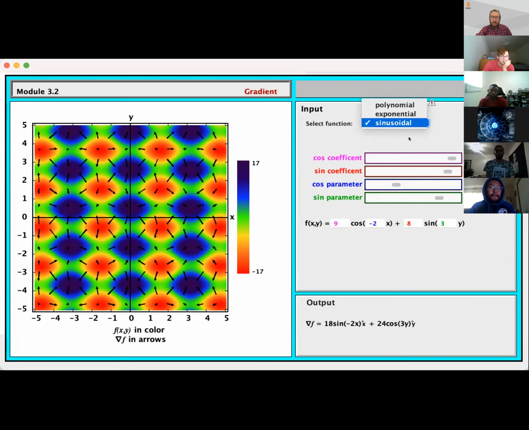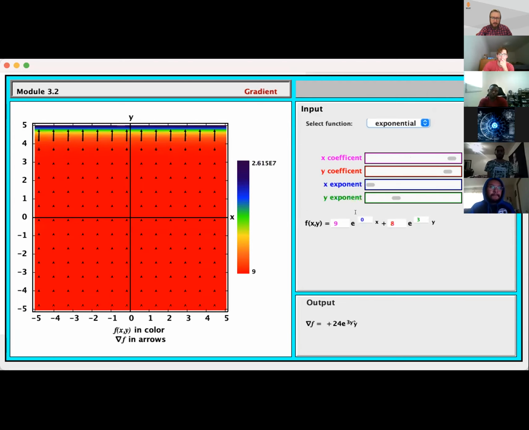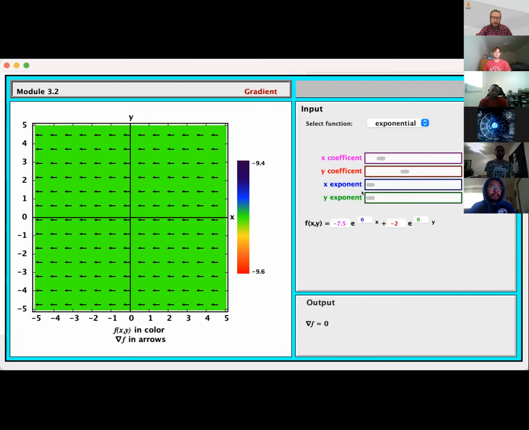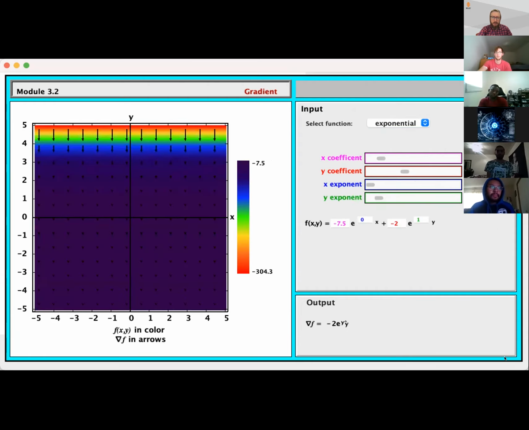You could use a different one, but you can change these sliders, and it should move instantaneously, which is kind of interesting. I didn't ask you to do this, but if you want, the other modules are ways of visualizing the other differential calculus that we've looked at as well. So they're kind of interesting to look at as well.